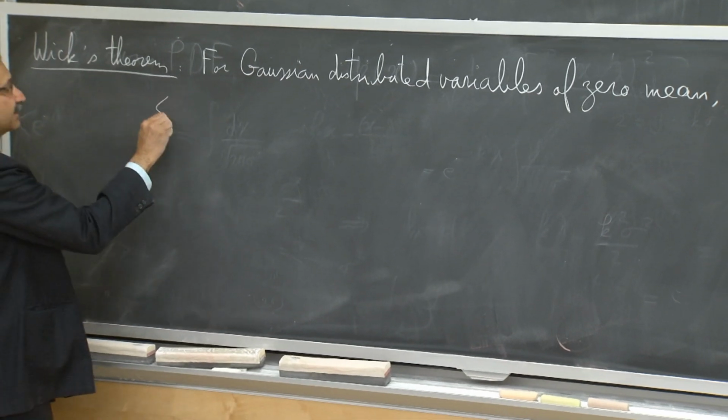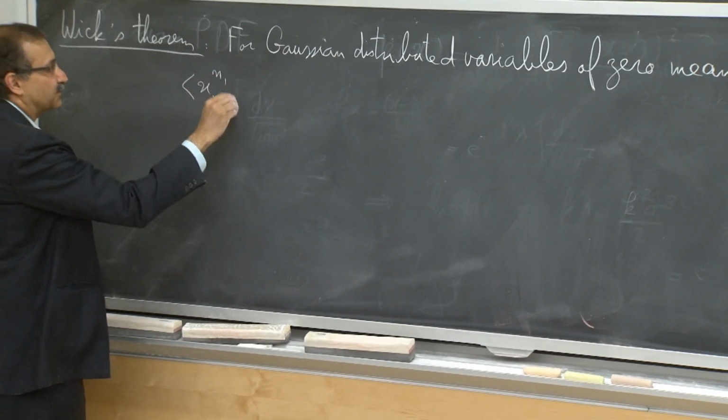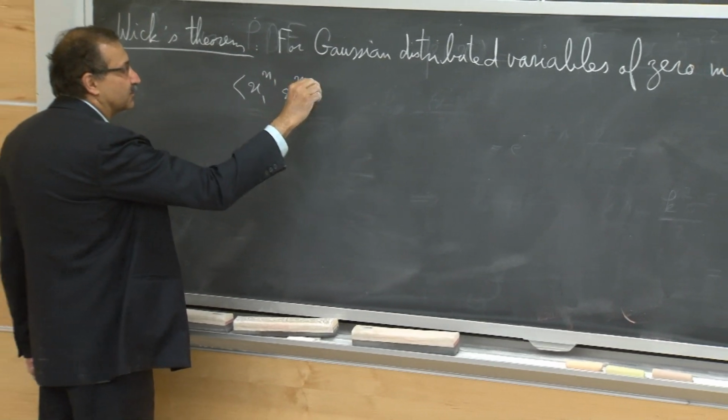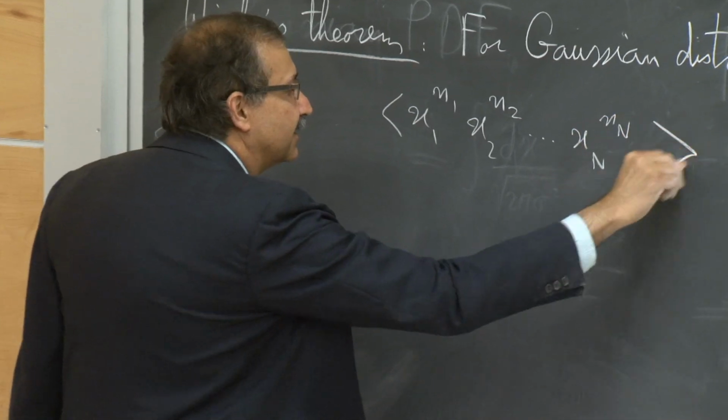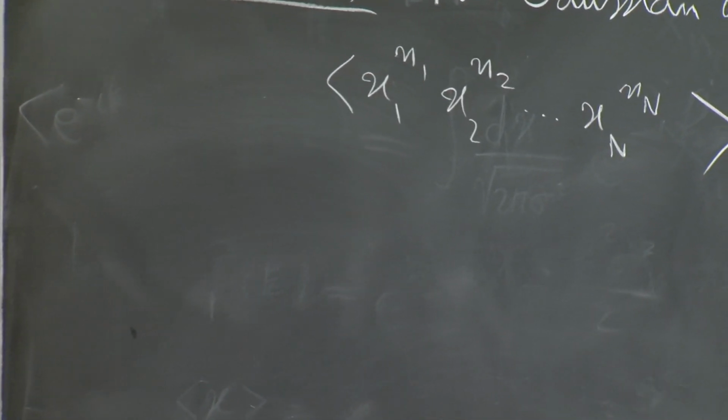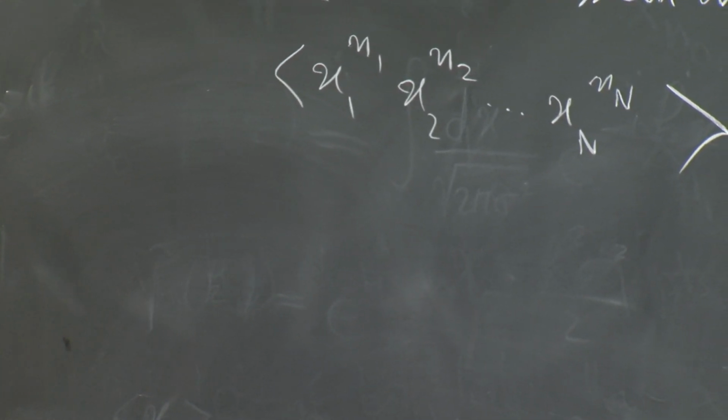I can take the first variable raised to the power n1, the second variable to n2, the last variable to some power nN, and look at a joint expectation value such as this.